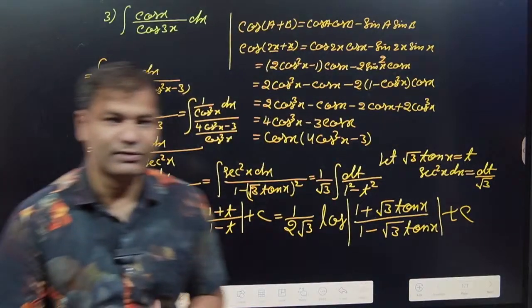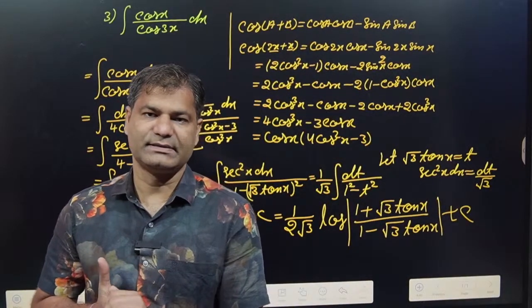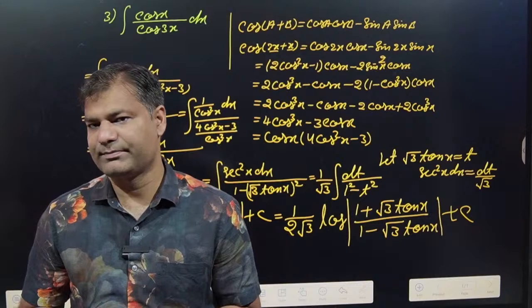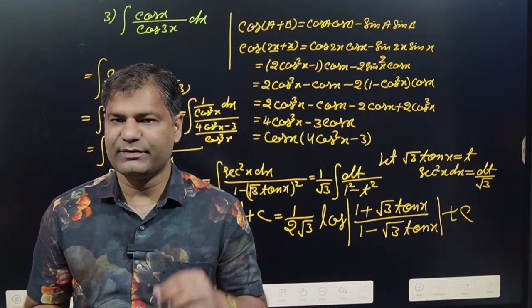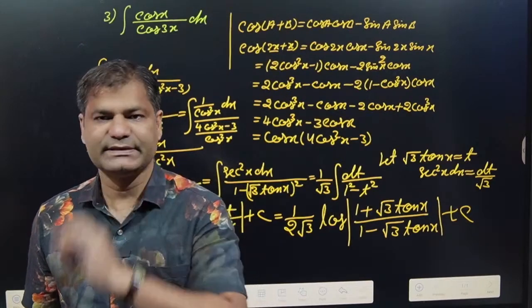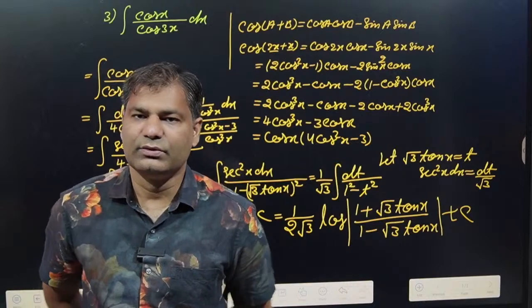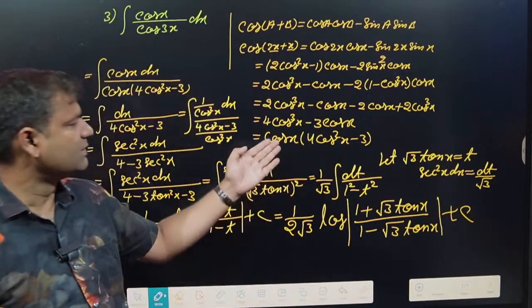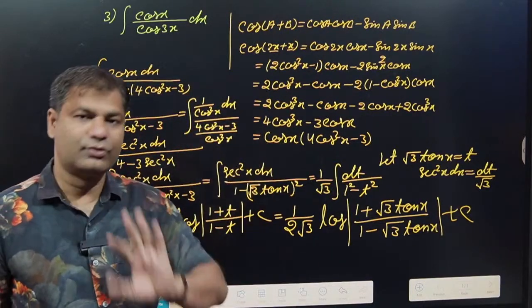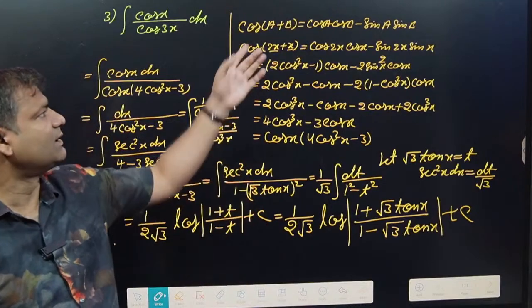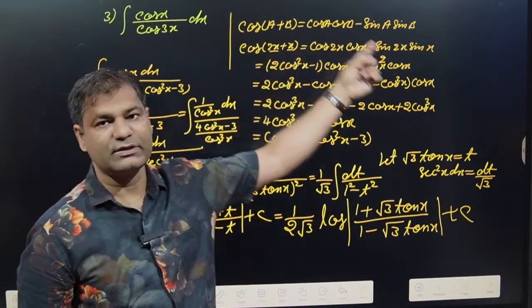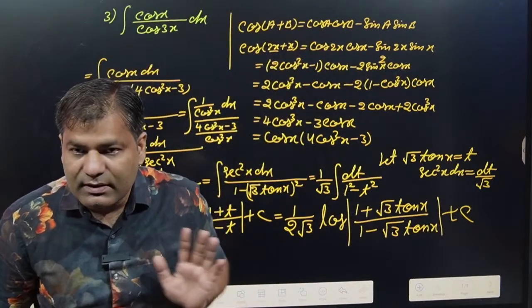Simply, the integration of cos x upon cos 3x into dx is given. How can we solve it? First of all, cos 3x is converted into this. If you don't know how to convert, simply use the formula: cos (a plus b) is cos a cos b minus sin a sin b.